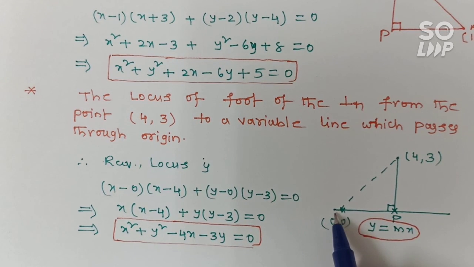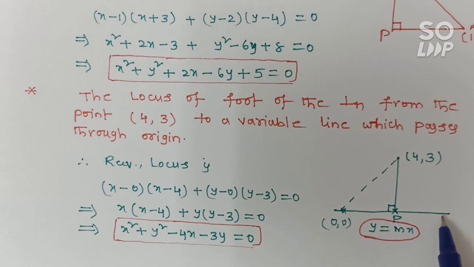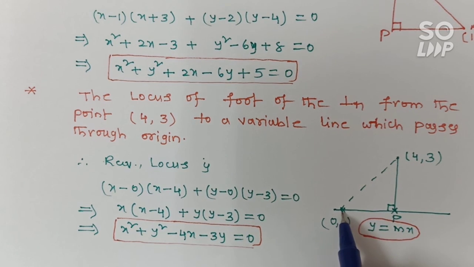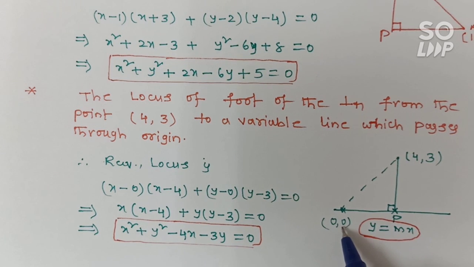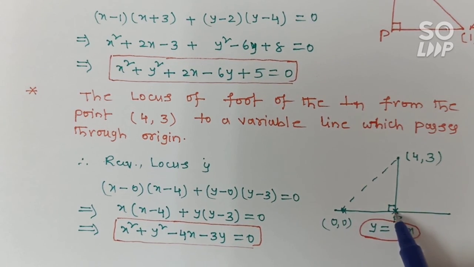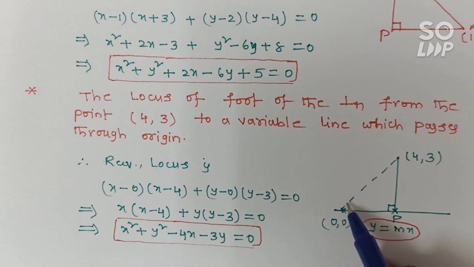That means you take a line; the general equation of the line is ax plus by plus c is equal to 0, which passes through the point 2, 5. Then instead of the origin you take 2, 5, and the locus of the foot of the perpendicular will be obtained by taking this line as the hypotenuse, the diameter of the circle.